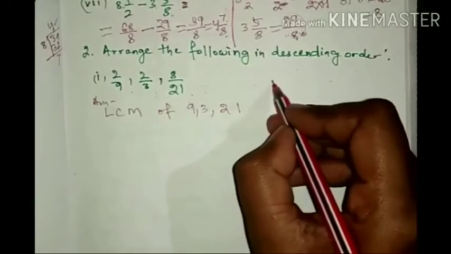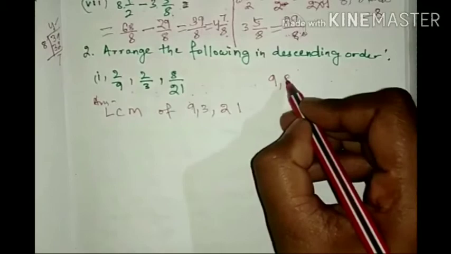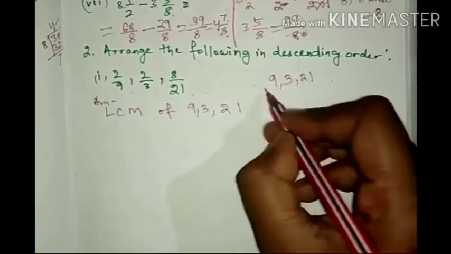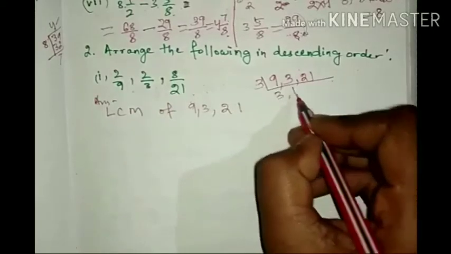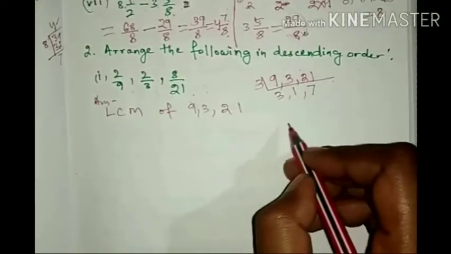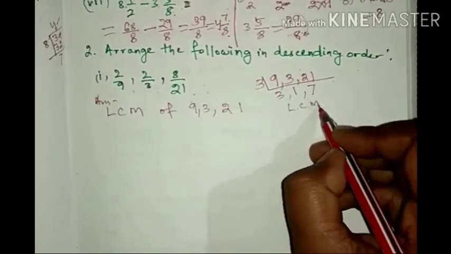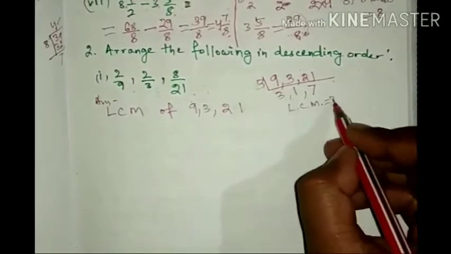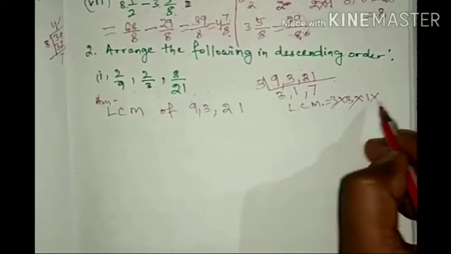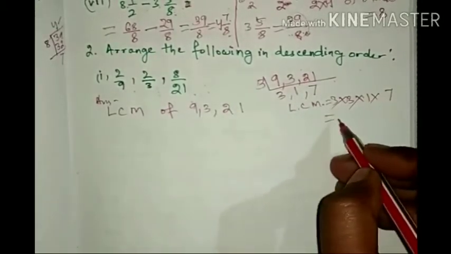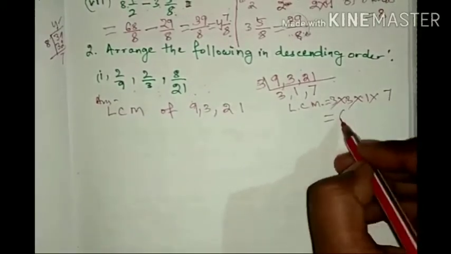Here I am showing how we will find the LCM of 9, 3, 21. 3 threes are 9, 3 ones are 3, 3 sevens are 21. So LCM equals 3 into 3 into 1 into 7. 3 threes are 9, 9 sevens are 63.